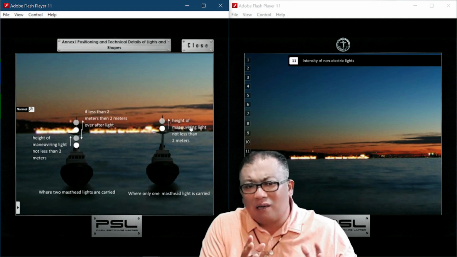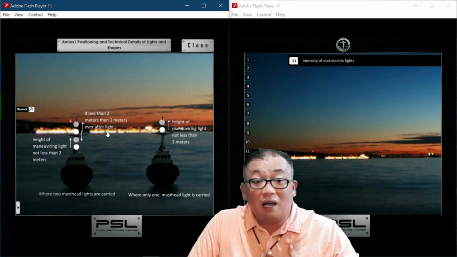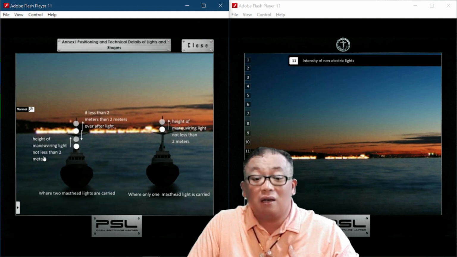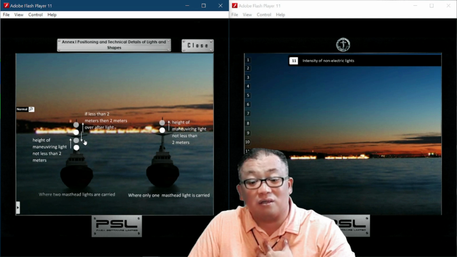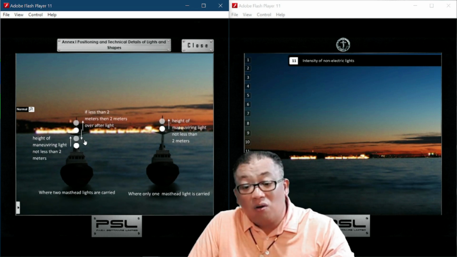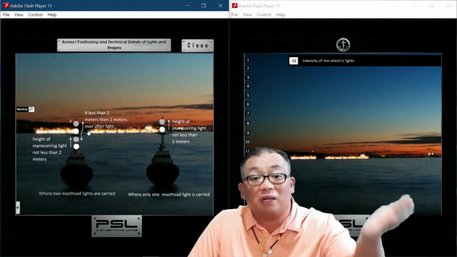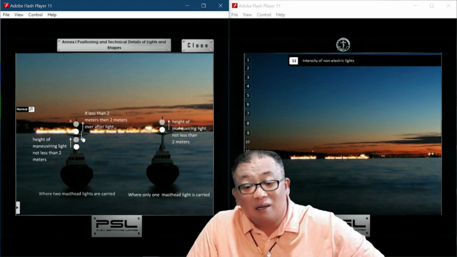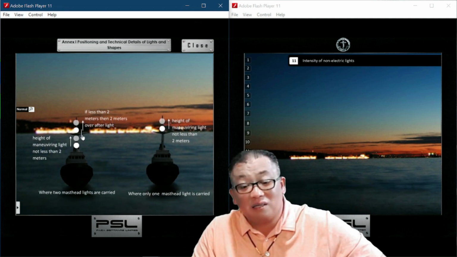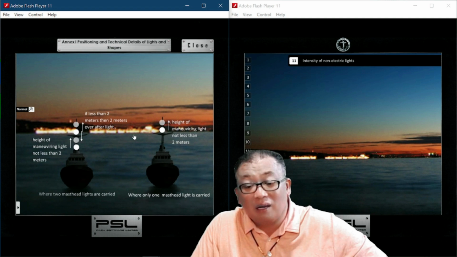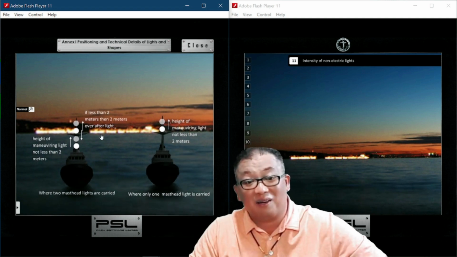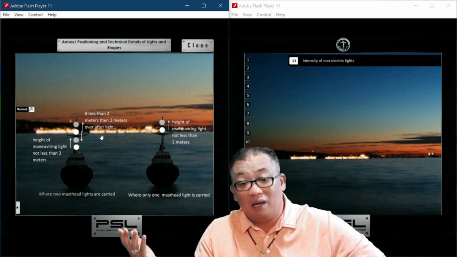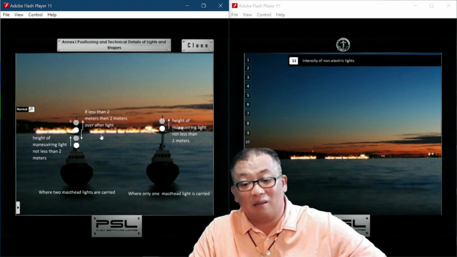How about two masthead lights? If you want to put it in between, you make the forward masthead light the reference, not less than 2 meters. How about if I want to put it near the above masthead light? No problem, not less than 2 meters above the after light. How about if I have only one masthead light?